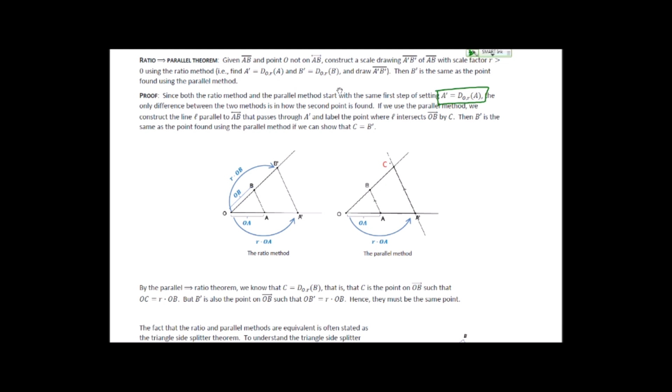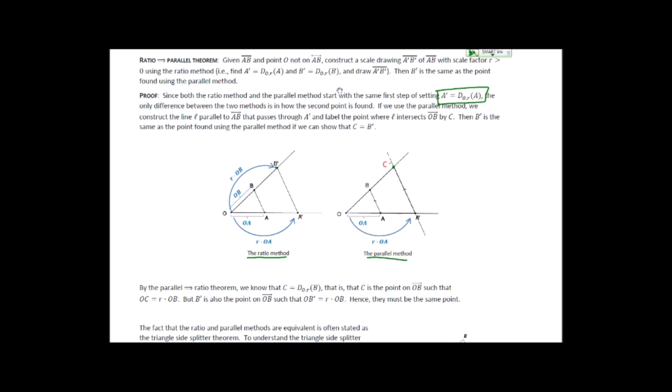So if we use the parallel method, which we just did earlier, and got this point, which in this version they're calling point C, then B' is the same point found using the parallel method if we can show that C is the same as B'. So if I can show that those are the same point using the ratio method or the parallel method, then that's what I need to show.